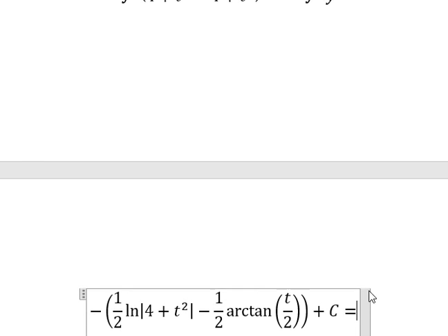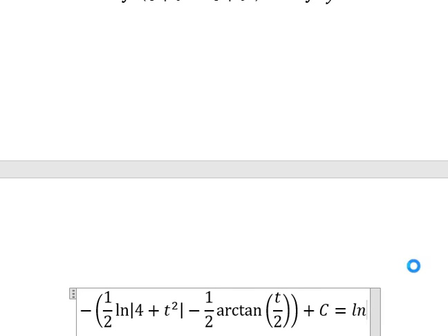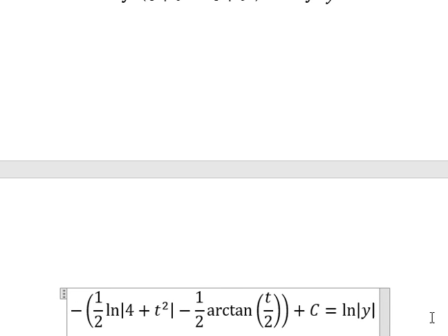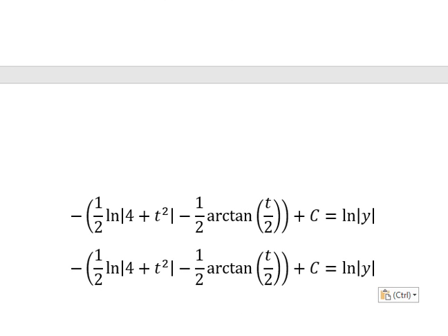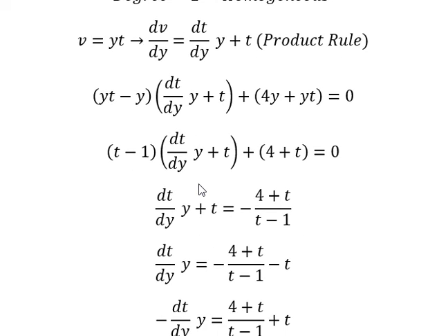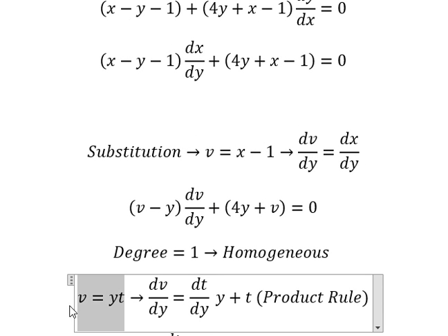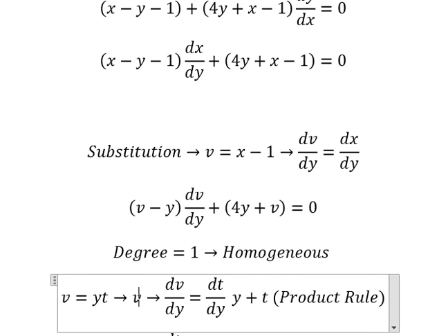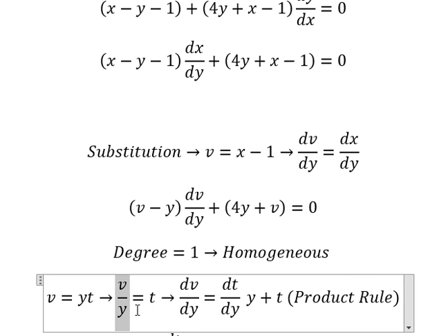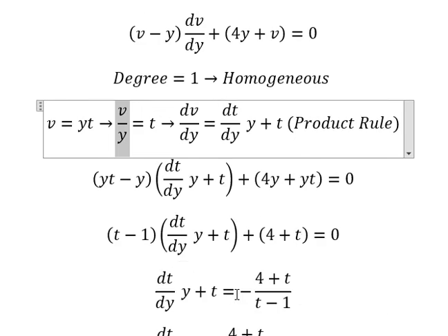This one, we have ln of the absolute value of y. About t, that is about this one. So we divide both sides by y. And now we need to change t into v over y.